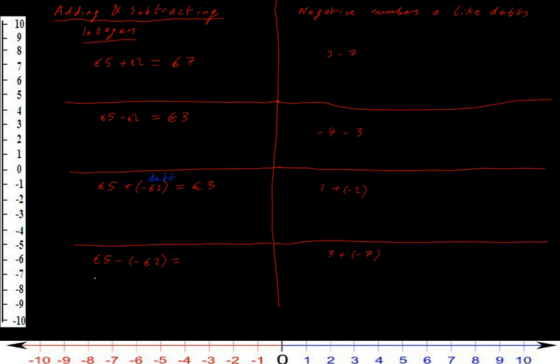So I have €5 and I subtract a debt of €2. Well, if I remove a debt, if I have money and someone says, no, you don't need to pay me back, I'm removing a debt. So my minus sign means that I'm removing something, just like I removed €2 up here.